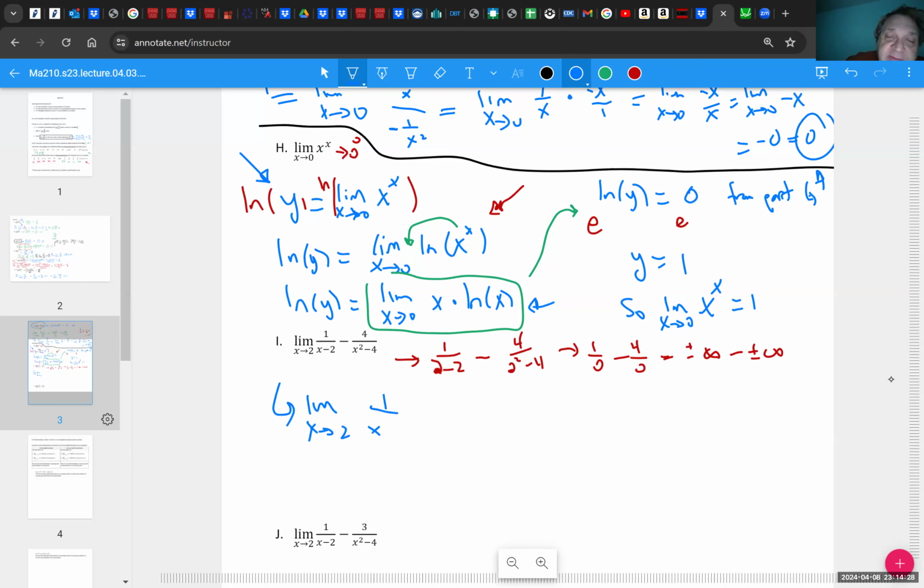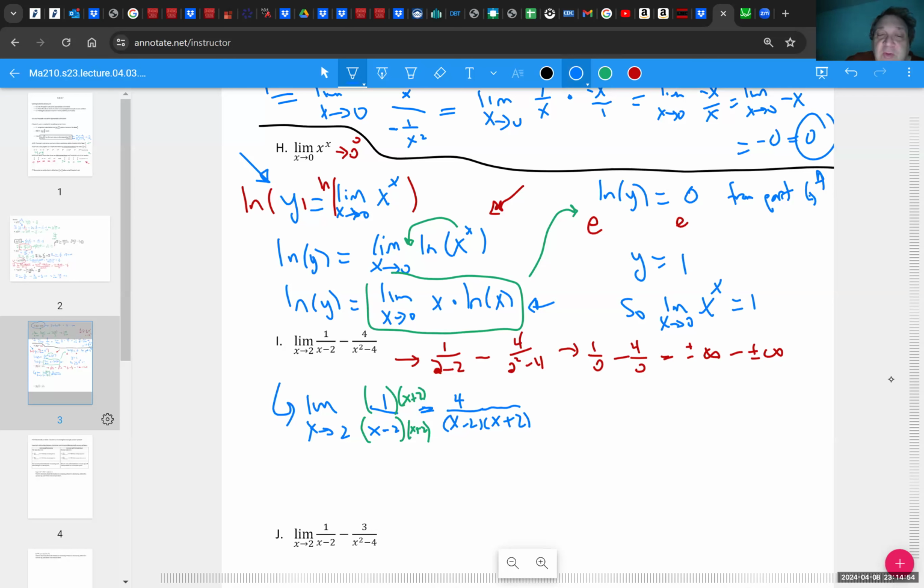So I might want to remind you that x squared minus 4 is just x minus 2 times x plus 2 if you factor it. So if you multiply the bottom and the top by x plus 2 for the first fraction, you'll end up with the same denominator for the second fraction.